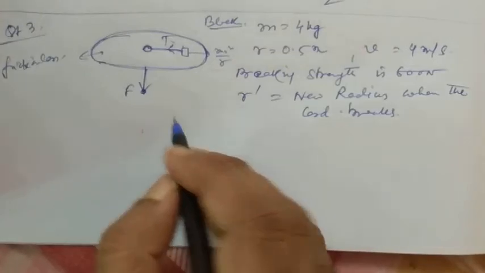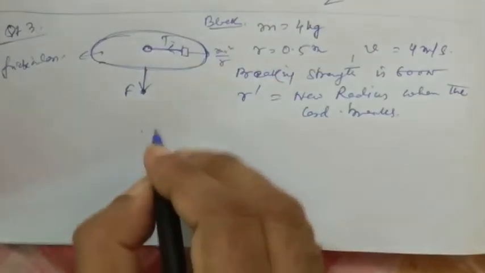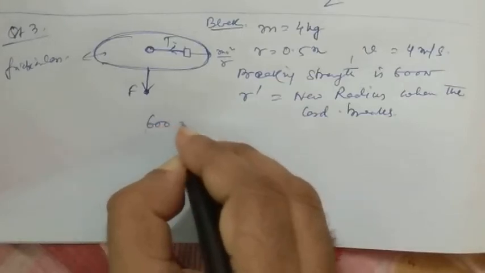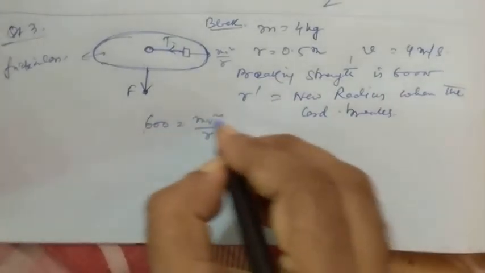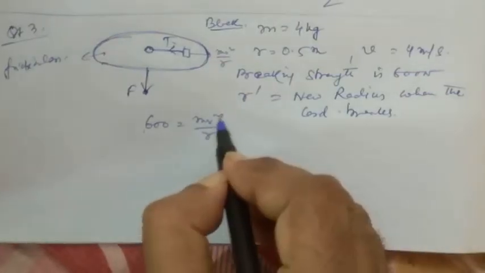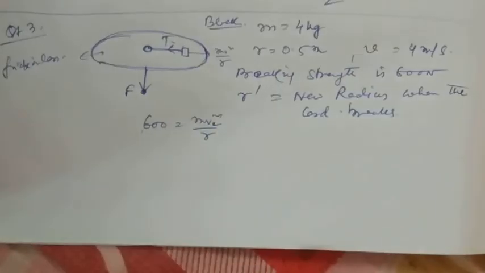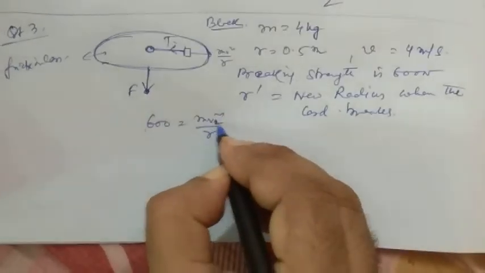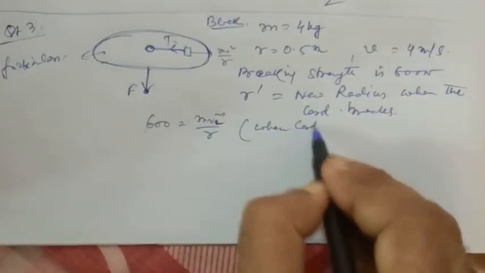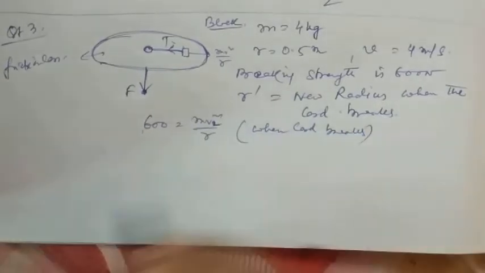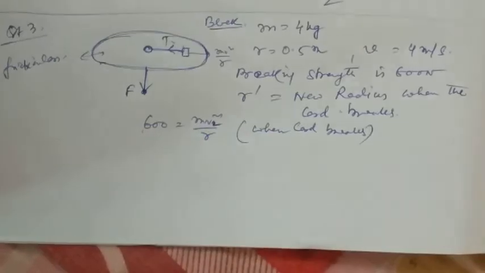So when the cord snaps, the tension force must be equal to 600, that means mv square by r. We can name this velocity v2. That means when the cord breaks, the velocity of this block is v2.